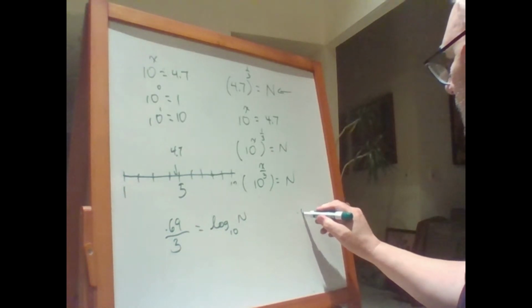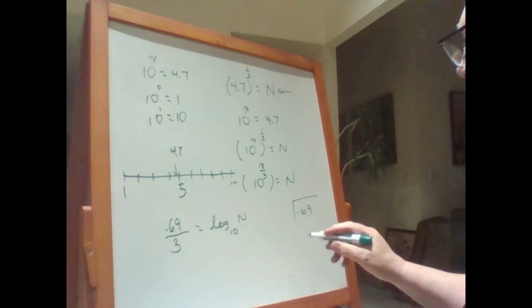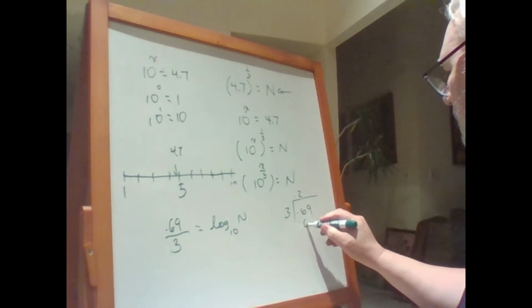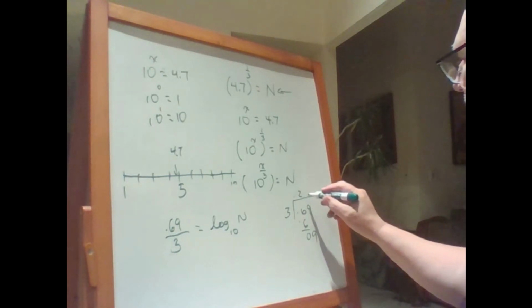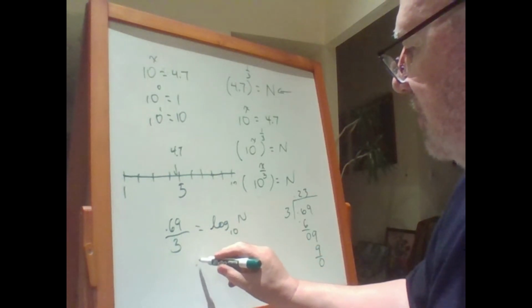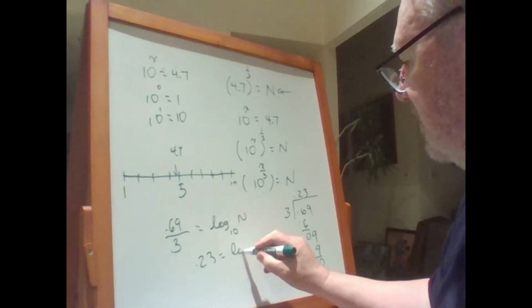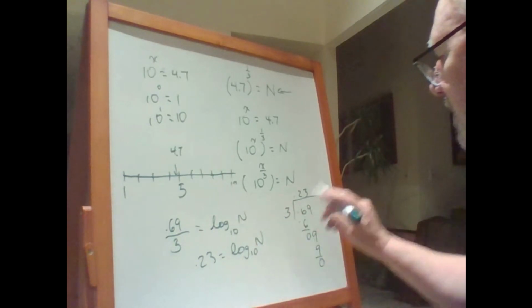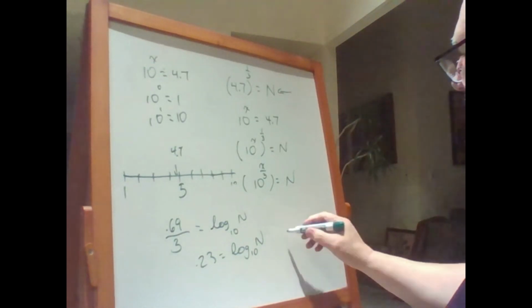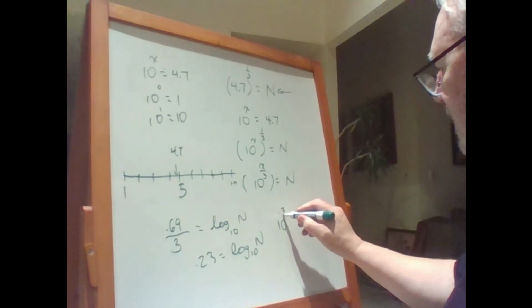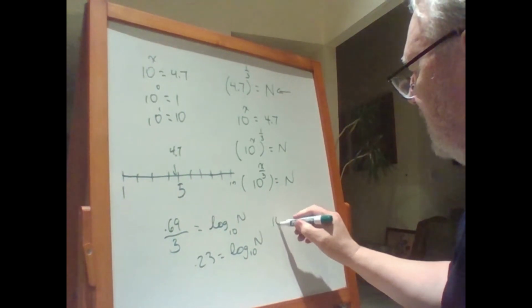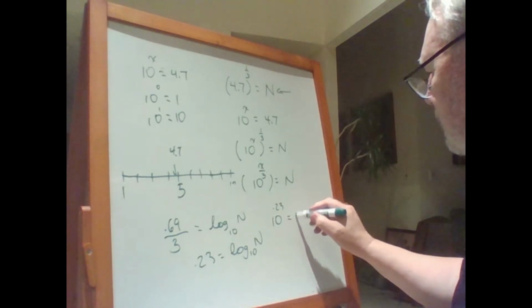So 0.69 over 3 is 0.23. 0.23 equals log base 10 of n. And then 10 to the 0.23 equals n.